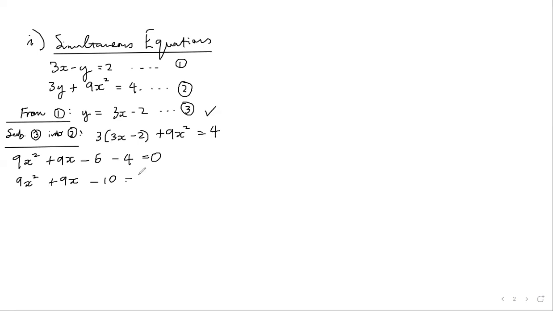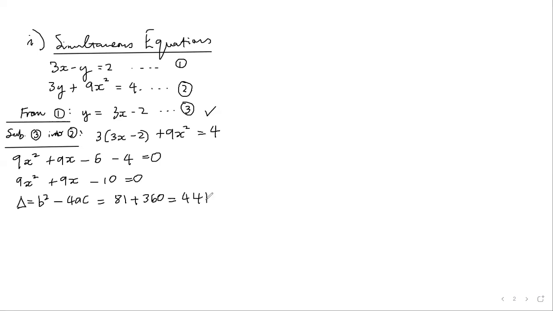Okay, I'm going to quickly do my discriminant, which is delta equals b squared minus 4ac, to check if this latter equation factorizes. So b is 9, so 9 squared is 81, minus 4 times 9 is negative 36, times negative 10 is plus 360. Wow. And this gives us 441.